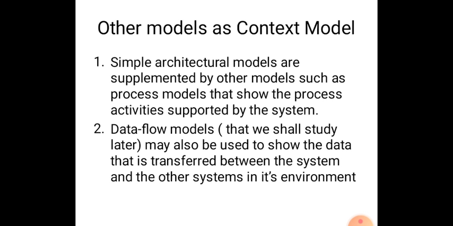One is the architectural model, another is the process model, another is the data flow model. So all these models are complementary in nature. A single model cannot take up the context model. All these are supportive in nature. So the data flow model is used to show the data that is transferred between the system and the other systems.